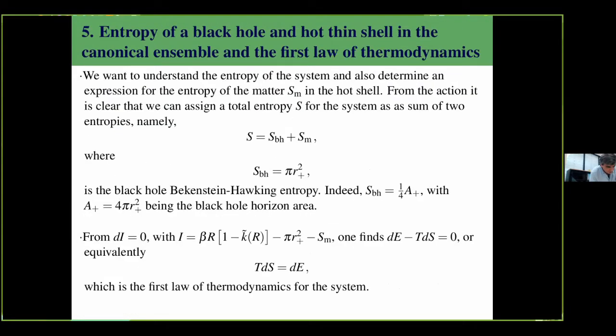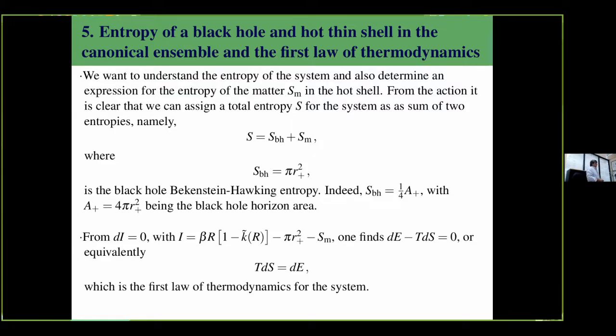Yeah. So now we can work out the entropy of the system. We saw that there are two terms in the action, and one was pi r plus square, and the other was matter entropy. Now, this pi r plus square is, of course, the black hole or Bekenstein-Hawking entropy, because it's 1/4 of the horizon area.